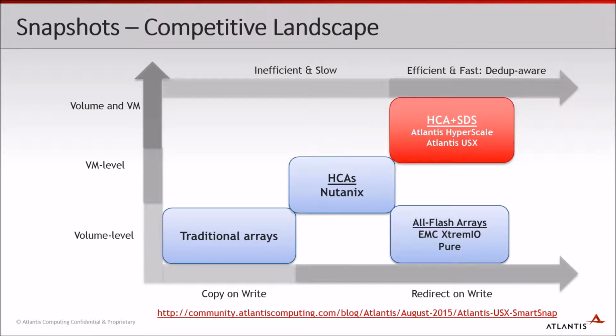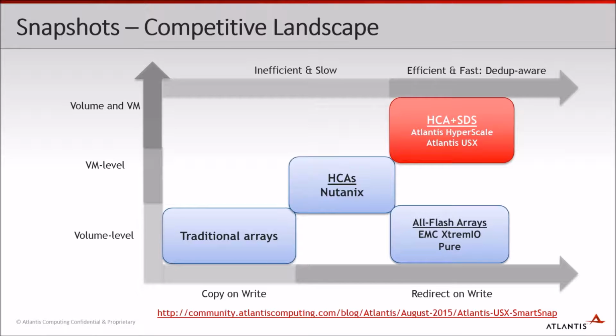The traditional ones offer volume level snapshot. And most snapshots right now are not dedupe aware, and so they are inefficient and slow. Atlantis USX brings the best of all three worlds together by offering performance sensitive redirect on write snapshots that are fast and efficient and have the flexibility to do volume and VM level snapshots.